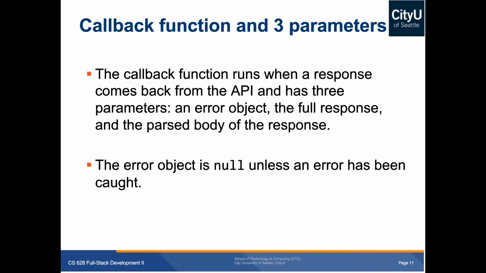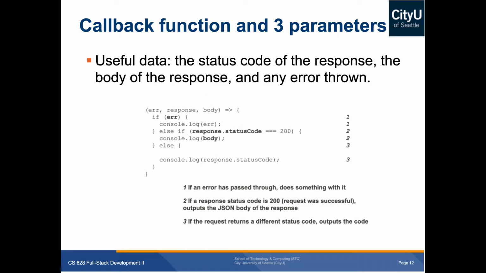The error object is null unless an error has been caught. So the useful data is the status code of the response, the body of the response, and any error thrown.